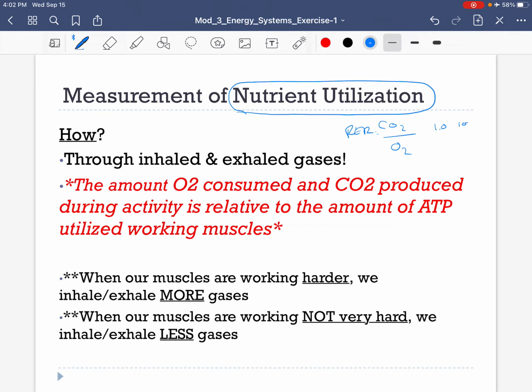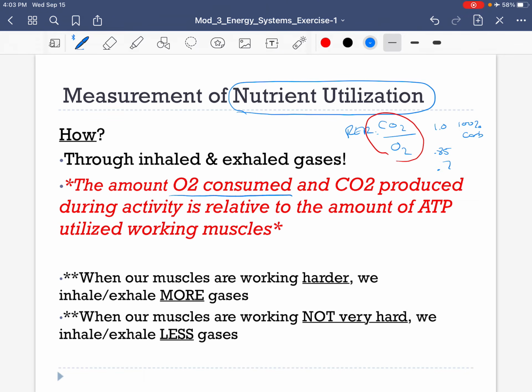If our RQ is 1.0, it means we're burning all carbs. If it is 0.85, 50% carbs, 50% fat. 0.7, 100% fat. So how is it that gases give us that information?